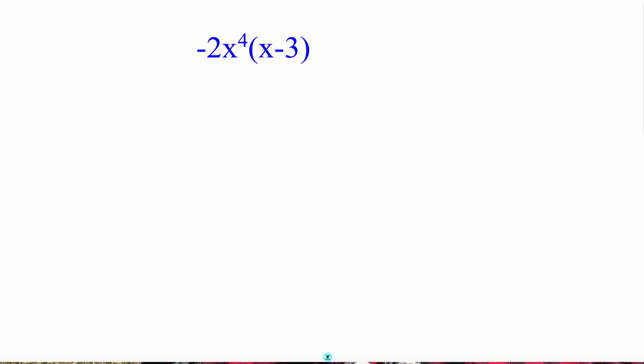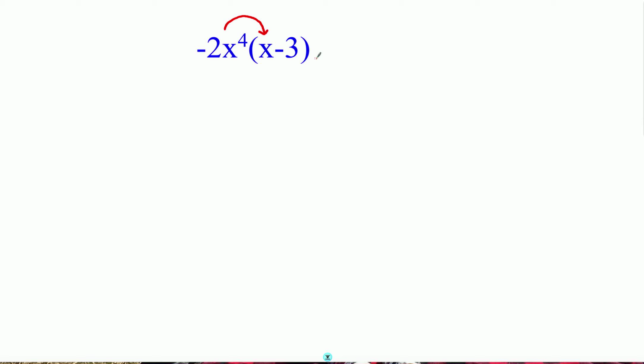First we're going to look at multiplying a polynomial by a monomial. Polynomial means several terms, monomial means one term. So here's our first example. This is really an example of using the distributive property. If I have this binomial, these 2 terms here, this negative 2x to the 4th needs to be distributed to both.